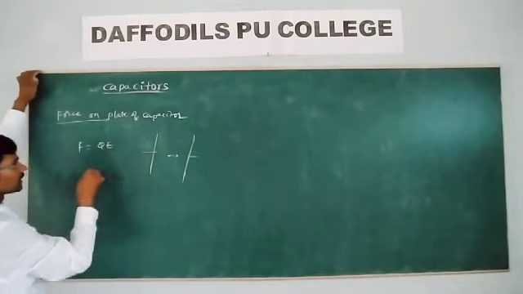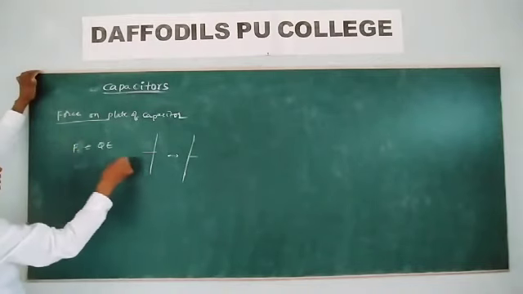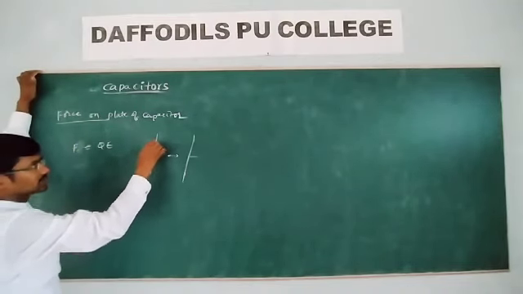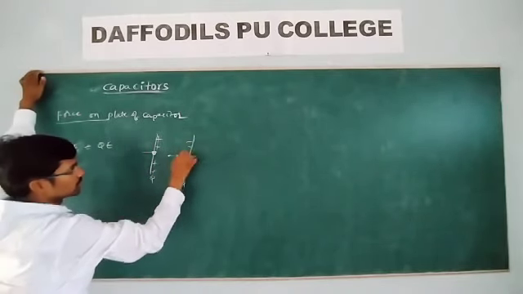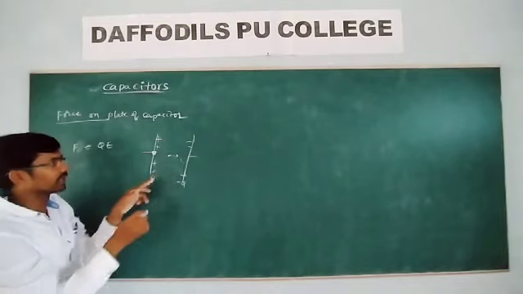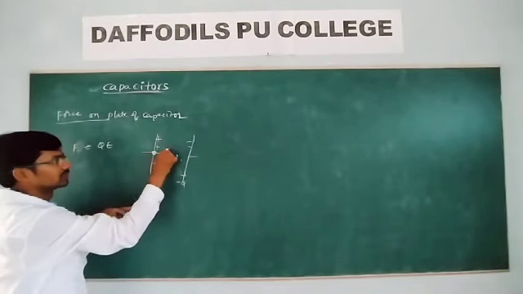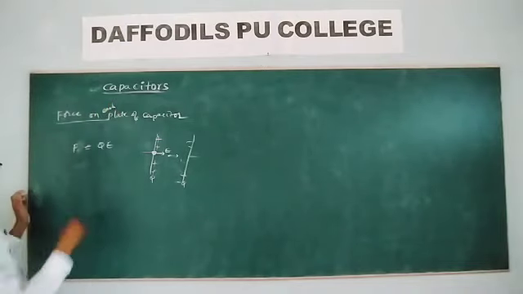For example, if you are taking this plate with charge plus Q, and here minus Q, then on this plate of the capacitor, due to the other one, we will have electric field E. Then the force on each plate of the capacitor.